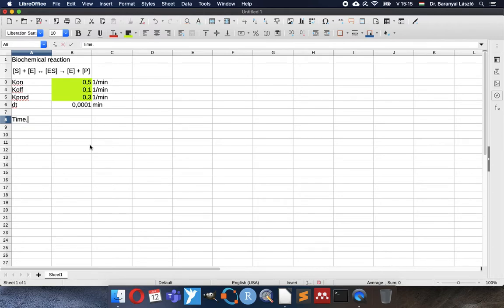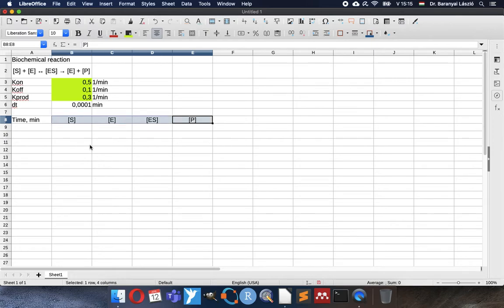So we have the simulation time in minute first, and then the concentration of the substrate, enzyme, in the same order like in the reaction we can read things, and then the product.